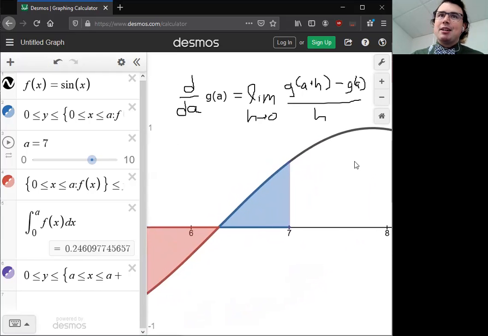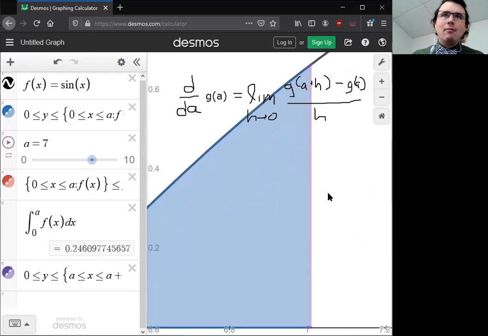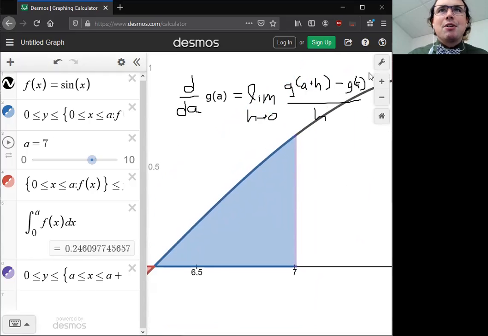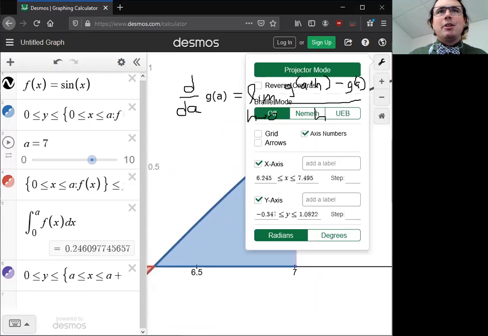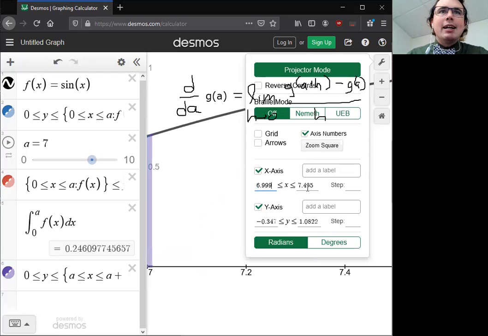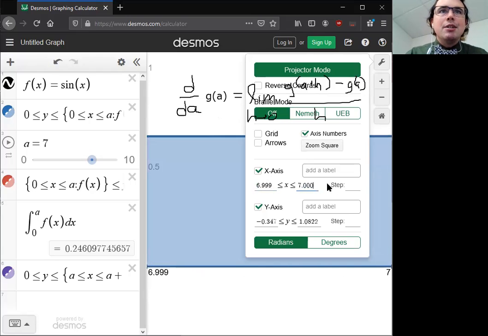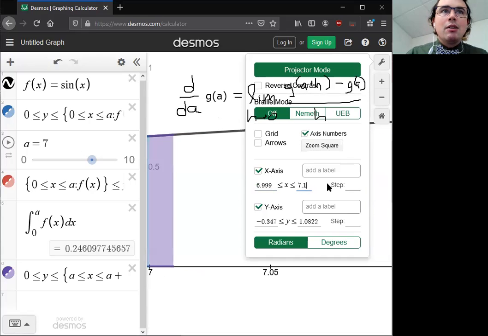I will need to zoom in some more. So maybe you can start to see some purple here. Let me stretch this a little bit. So let's say x goes from 6.999 up to 7.0001. That's a little bit easier to see.